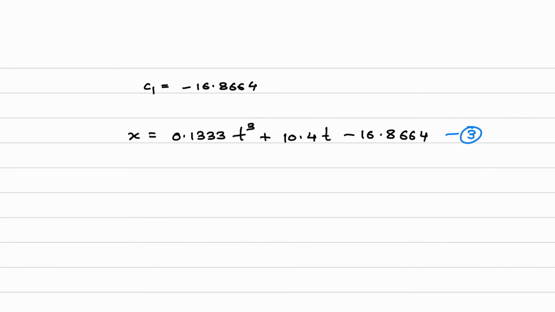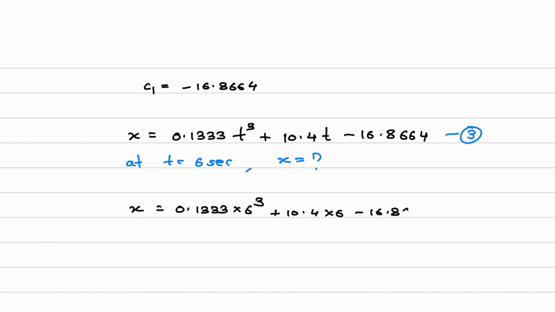At t equal to 6 seconds, we have to calculate x. So x is equal to 0.1333 into 6 cube plus 10.4 into 6 minus 16.8664. From here we can calculate x, which is equal to 74.3264 meter.